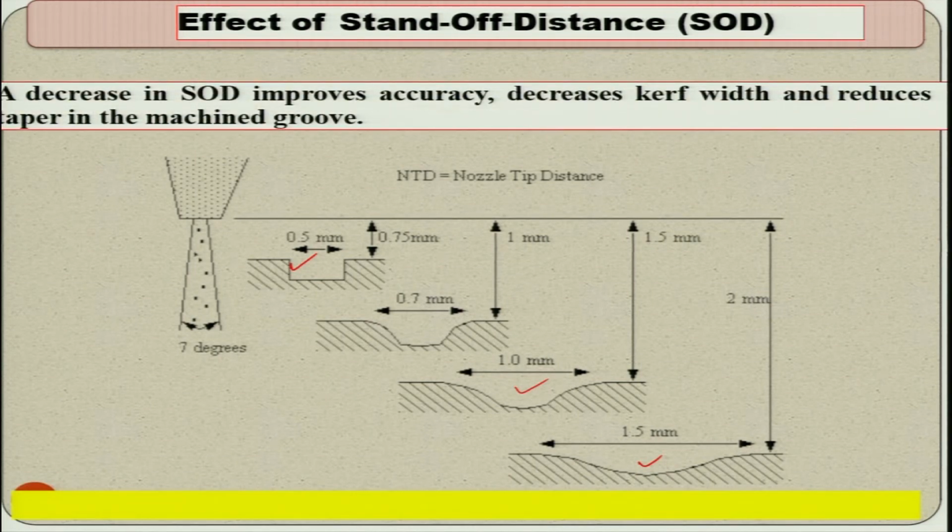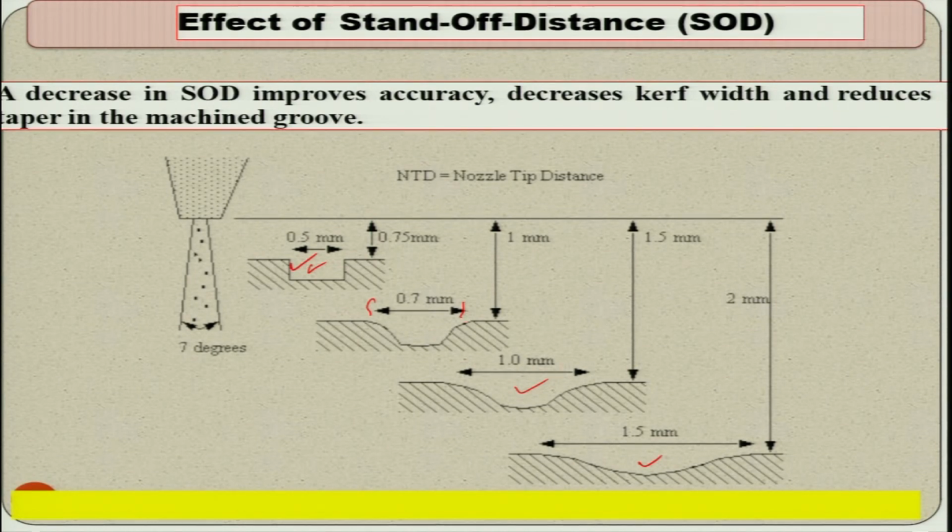A decrease in stand-off distance improves accuracy, decreases kerf width and reduces taper in the machined groove. You can see here, this is the good accuracy obtained, and this, say 0.73 or 0.7 millimeter, is known as the kerf width, or 0.5 is the kerf width, or 1 millimeter, or 1.5 millimeter is the kerf width.